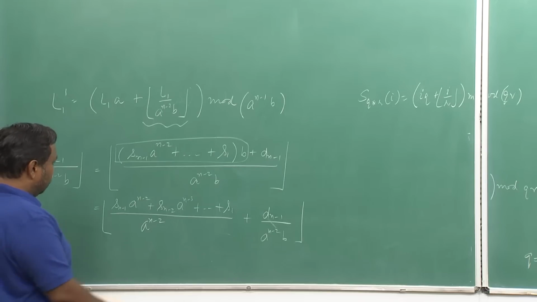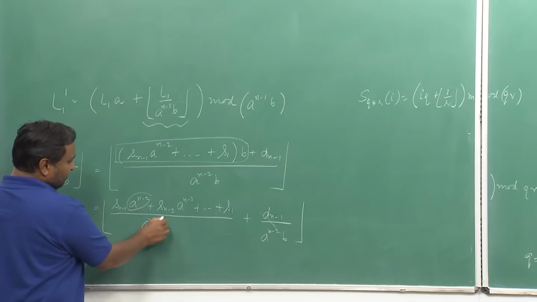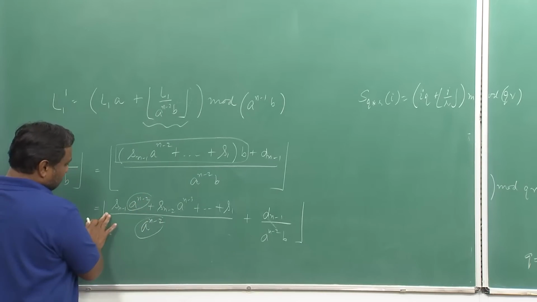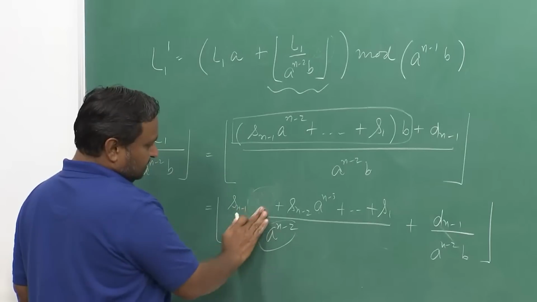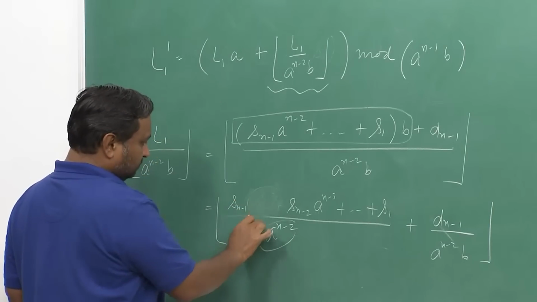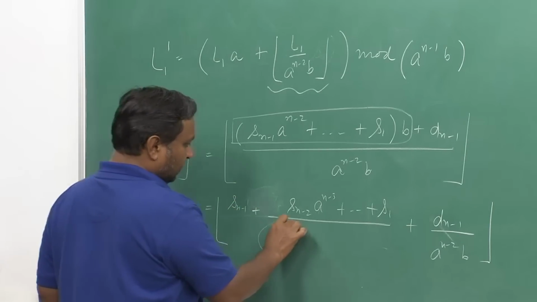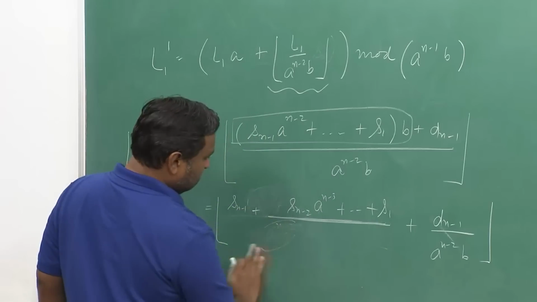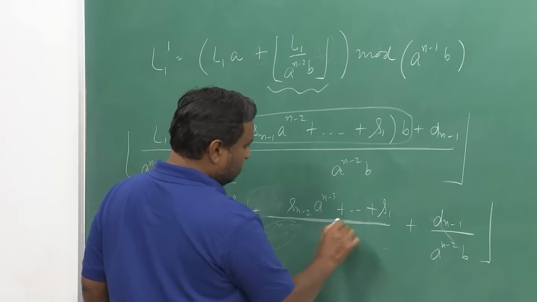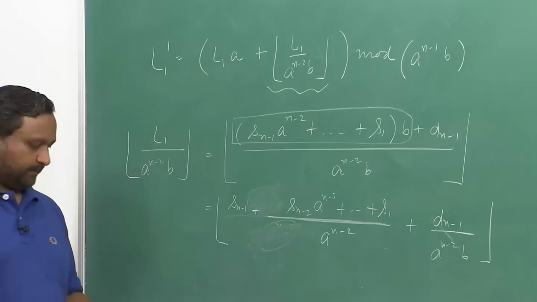If I look here, A raised power n minus 2 is here and n minus 2 is here. I can very well now cancel this term. So, this will go out and I can convert it to this thing.